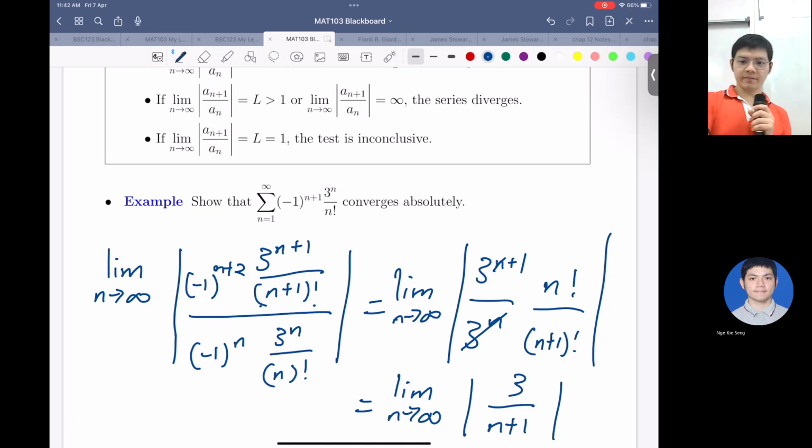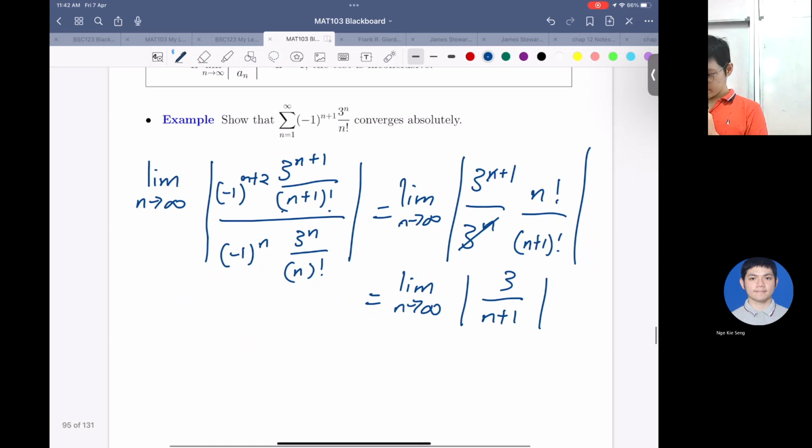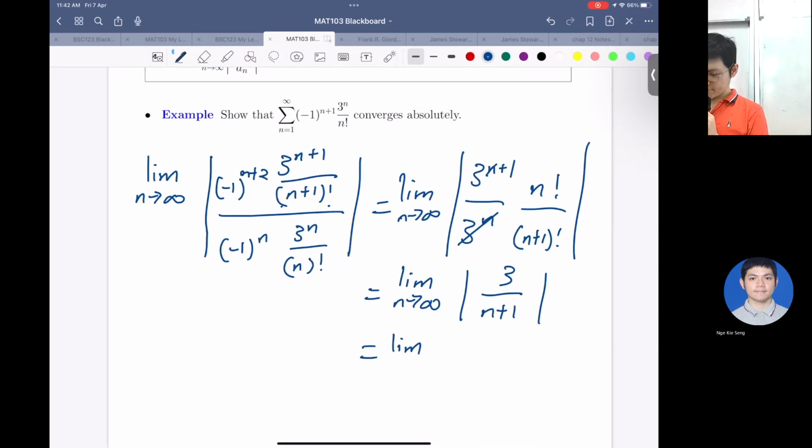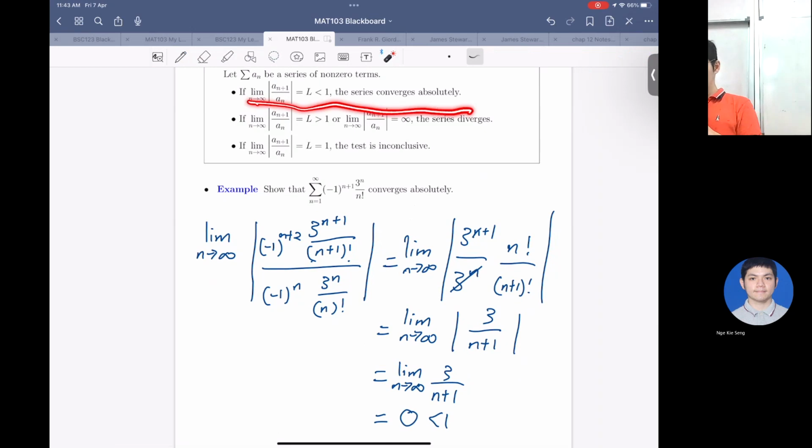Then what is the limit? Since everything inside is positive, I can throw away the modulus. So it is 0. So 0 is less than 1. So it falls into the first case here, so it converges absolutely. Make sense?